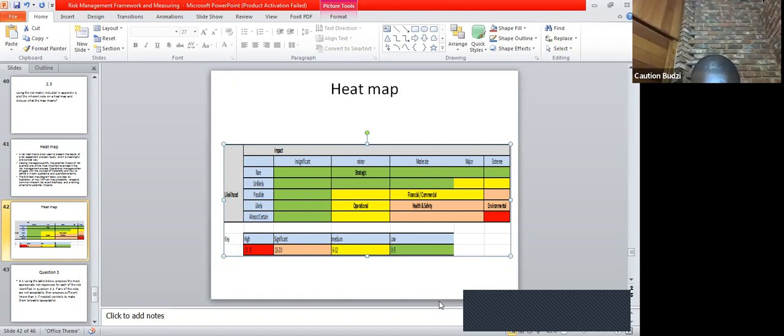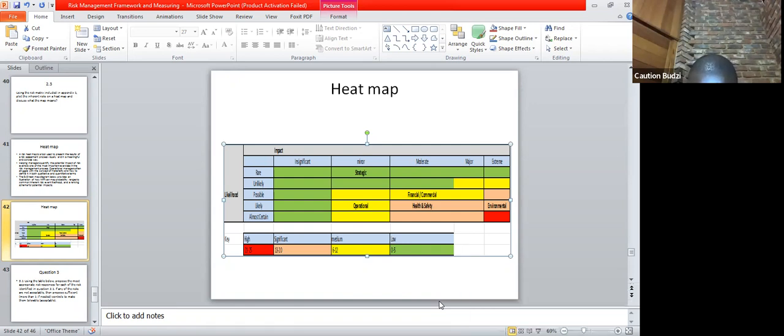According to this risk scale, we have low 0 to 5, medium 6 to 12, significant 13 to 20, and high 21 to 25. On our heat map, we have the impact on the x-axis and likelihood on the y-axis.